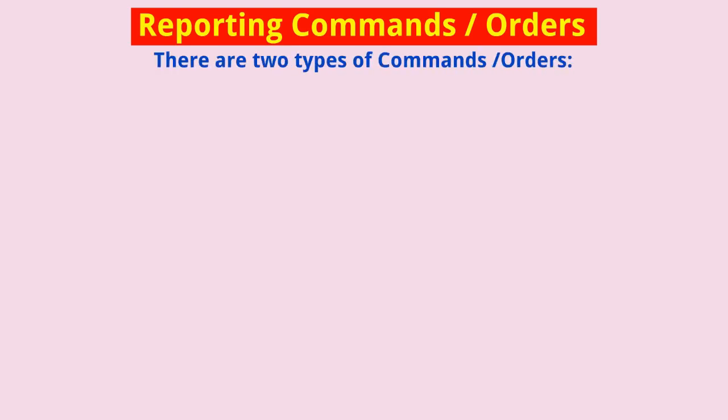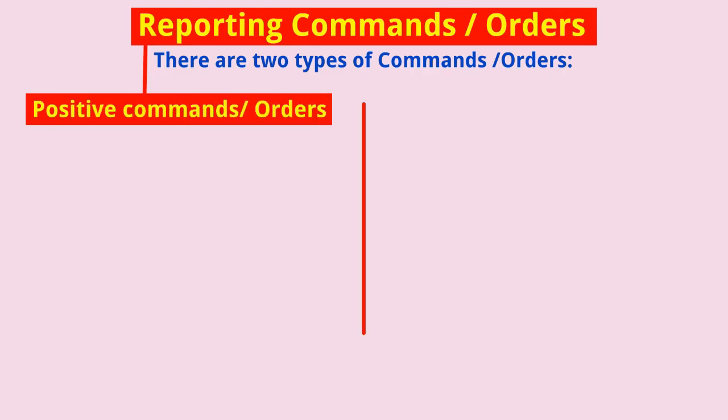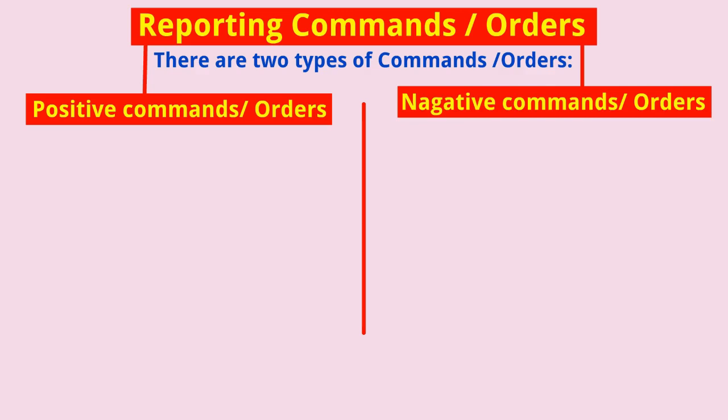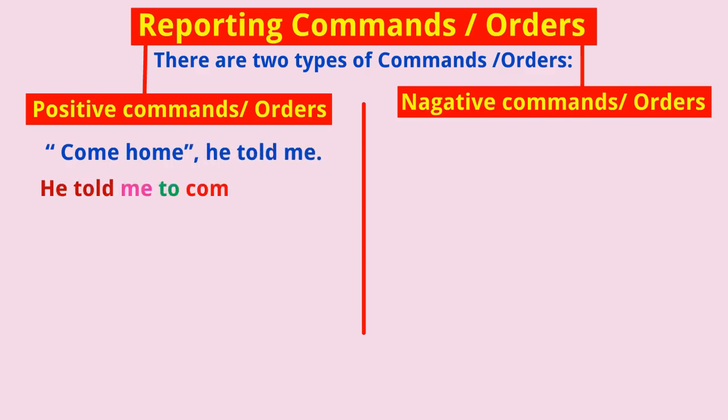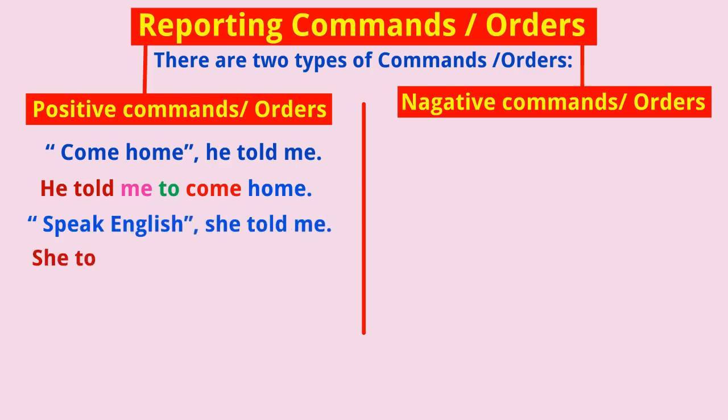Now let's move to reporting commands, or how do we report a command or order. There are two types of commands or orders: positive commands or orders and negative commands or orders. Let's go to positive commands first. We have "Come home," he told me, becomes he told me to come home. "Speak English," she told me to speak English.